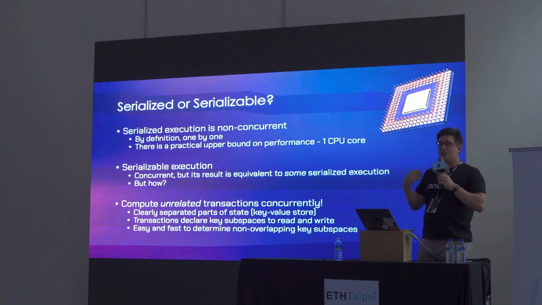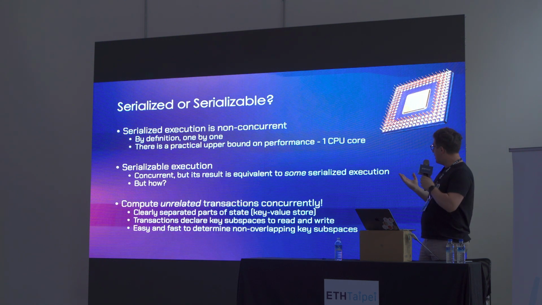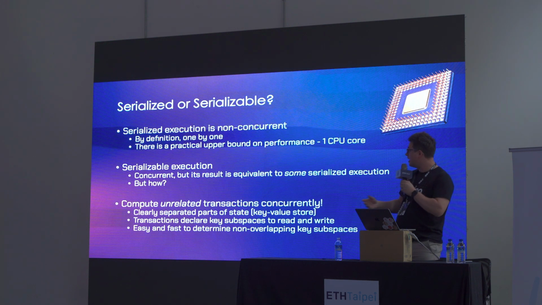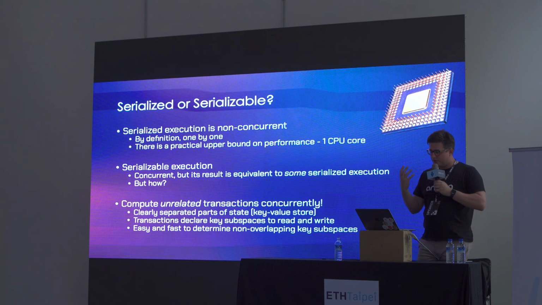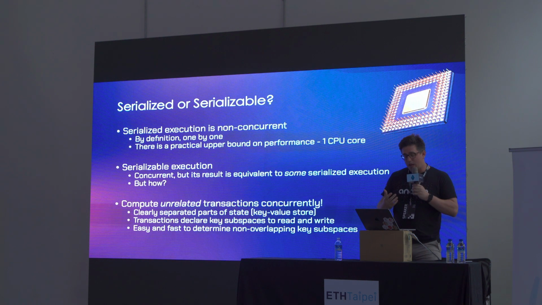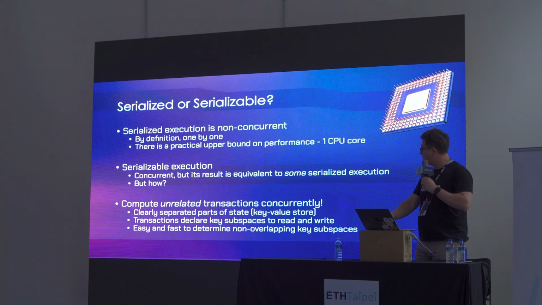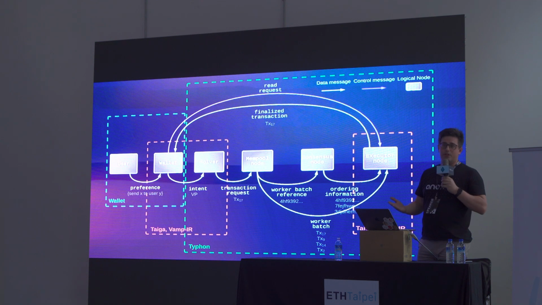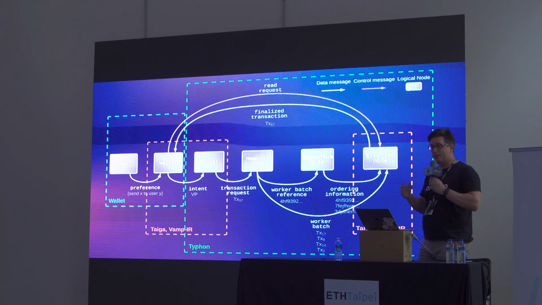In Typhon, state is stored in the form of a key-value store. So transactions declare key subspaces that they read and write. And it's easy and fast to determine non-overlapping key subspaces and group transactions for concurrent execution. There's a lot more I could tell you about, but we're limited in time.